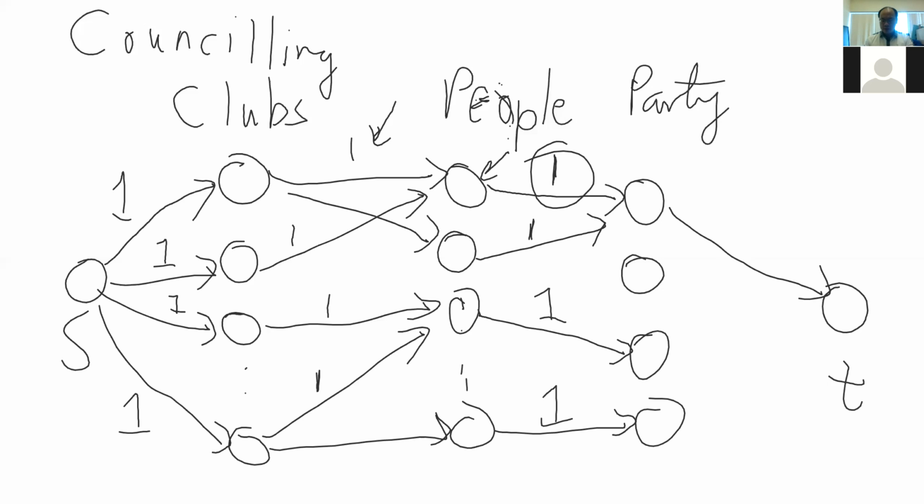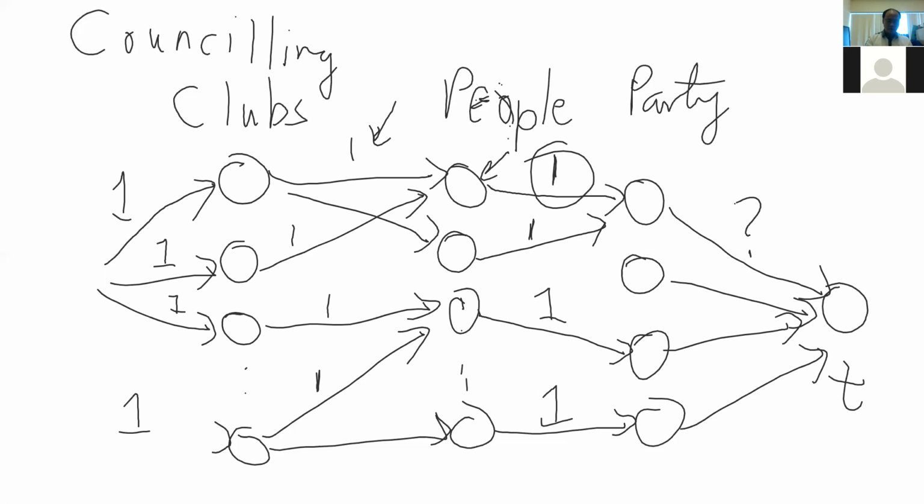And then there's a rule that says each party cannot have half or more of the number of people. So we have to put a capacity on all the edges to the sink to make sure that each party cannot have half or more. Okay, half of what? So I'll erase a few things here, just clean things up.